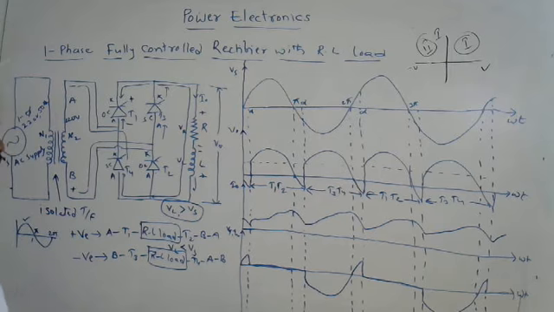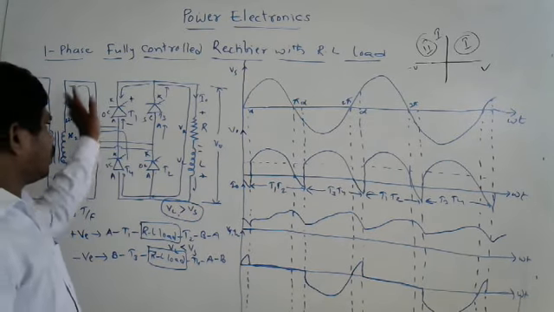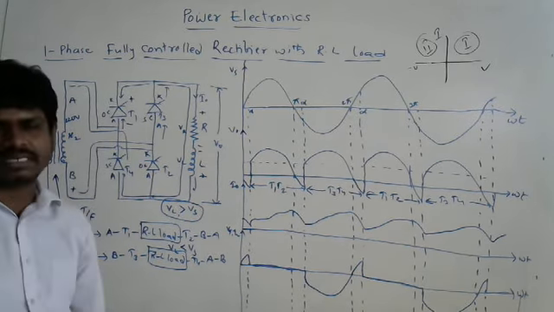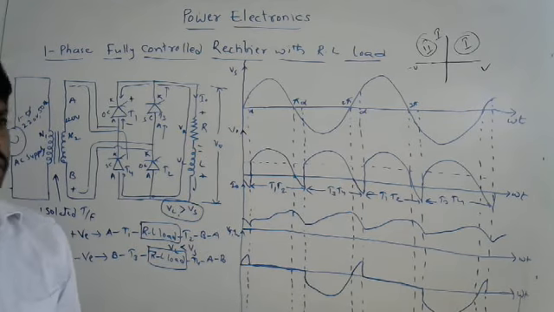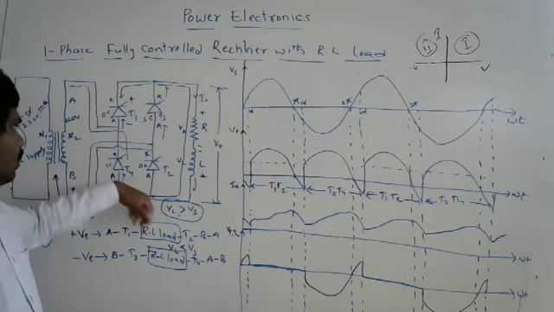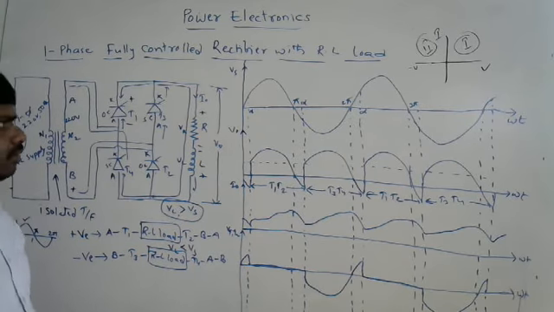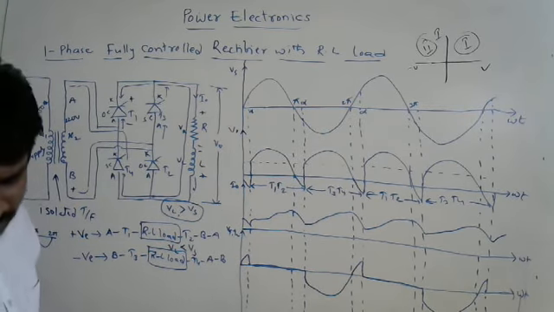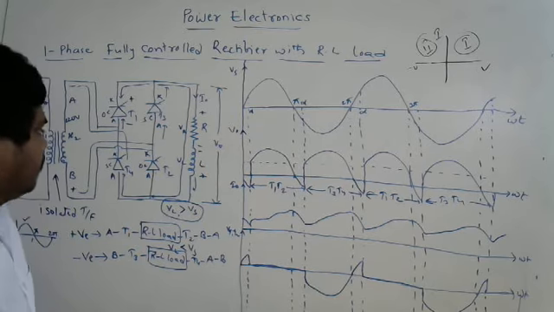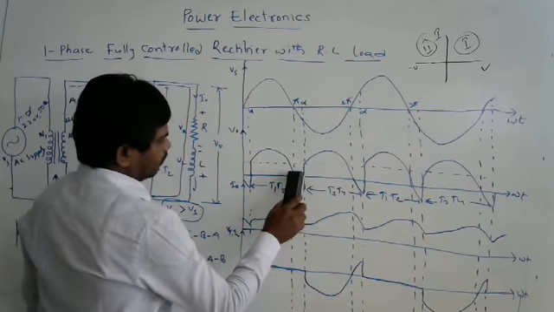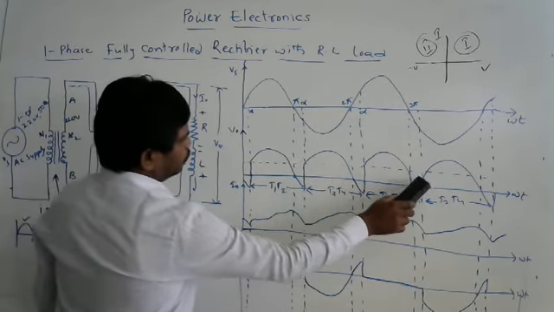Due to that, the efficiency of the power electronic configuration is going to be reduced. So we have to enhance the efficiency of this configuration, and avoid the disadvantage of the appearance of negative voltage at the output side.